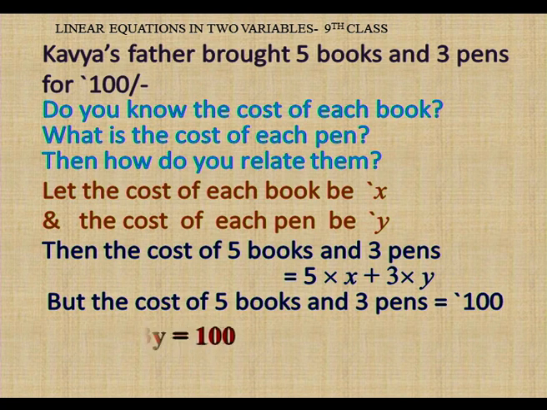Therefore, my equation becomes 5x plus 3y is equal to 100. That means x is the cost of each book, y is the cost of each pen. So, 5 books plus 3 pens equal 100, which we show in equation form: 5x plus 3y is equal to 100.